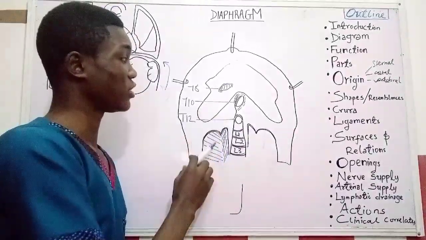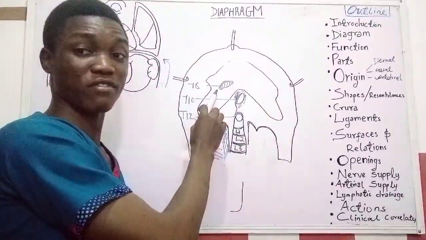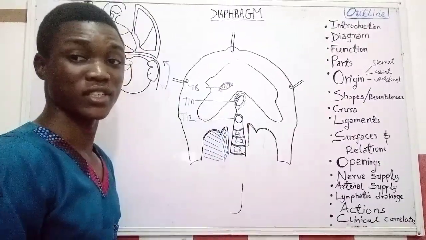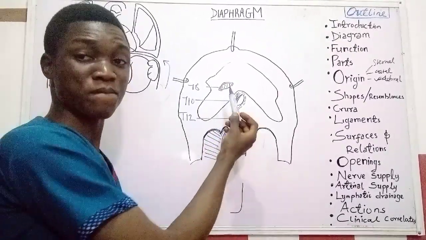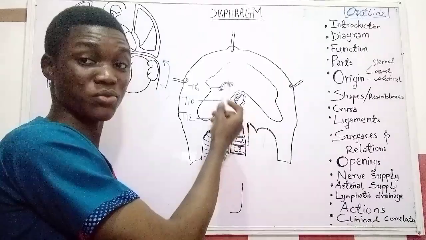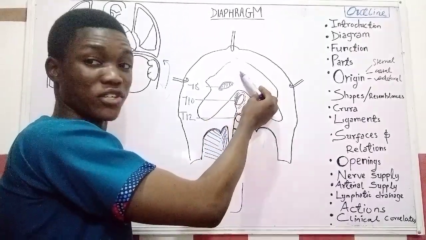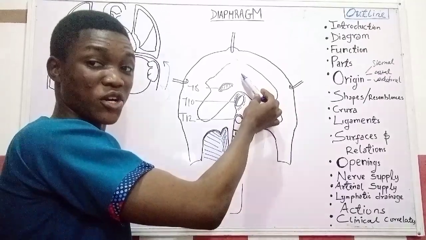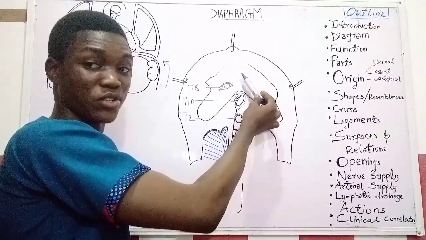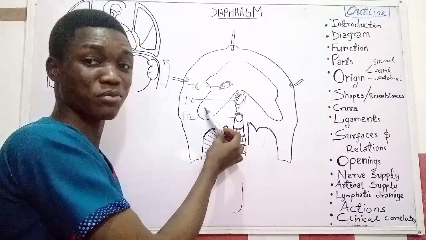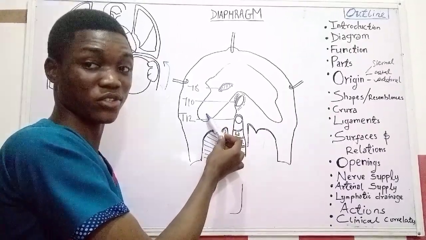So the vena cava opening is located within the central tendon, and it lies between the anterior central leaflet of the central tendon and the right posterior leaflet of the central tendon.